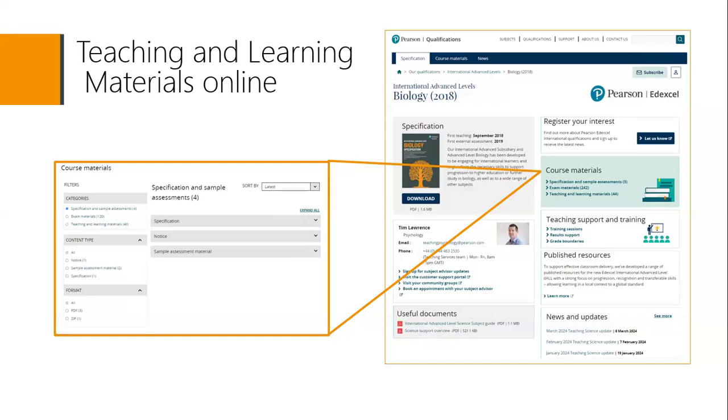The web page has 4 tabs: specification and sample assessment materials, exam materials, teaching and learning materials, and forms and administration. The teaching and learning materials is where you will find lesson plans, course planner, more exemplars, and much more. And this bank of materials is continually being added to.